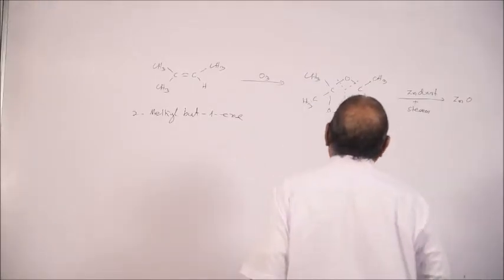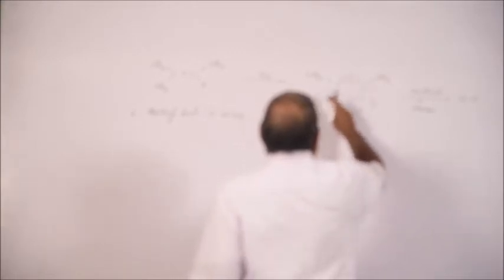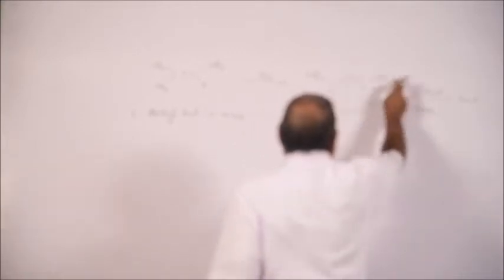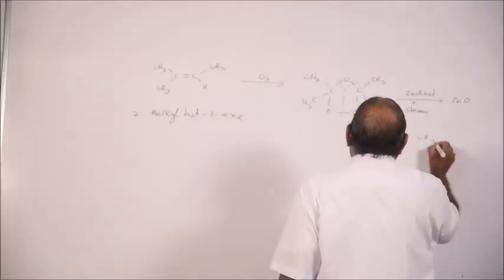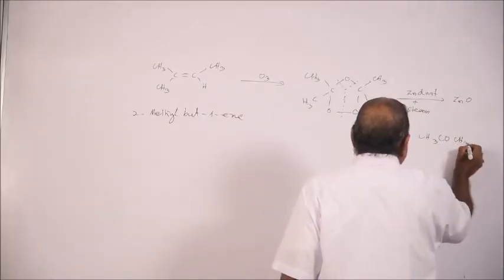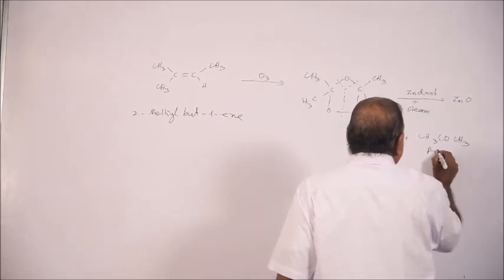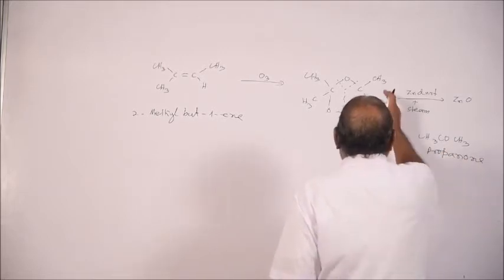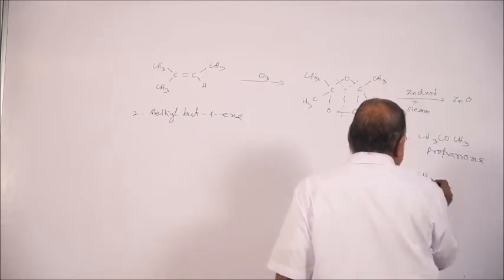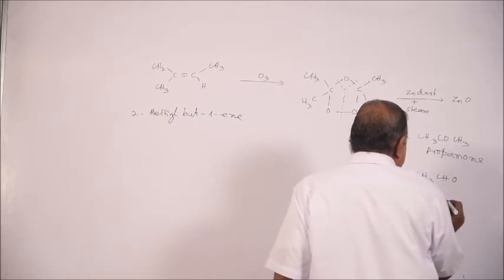So you can see this is the ozonide form, and an oxygen atom is taken by zinc. This side is CH3COCH3, one of the ketones, that is propanone, and the other side you can see CH3CHO, that is the aldehyde ethanal.